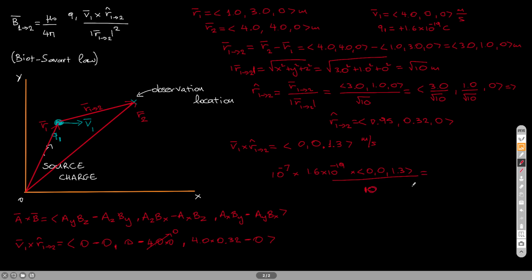Now in general, I recommend that you do these calculations separately. You find the number for this, and whatever number you get, simply multiply every component of the vector by it. So now 1.6 divided by 10 will give me 0.16, and 10 to the minus 7 times 10 to the minus 19 will give me 10 to the minus 26. And then this will be times this vector.